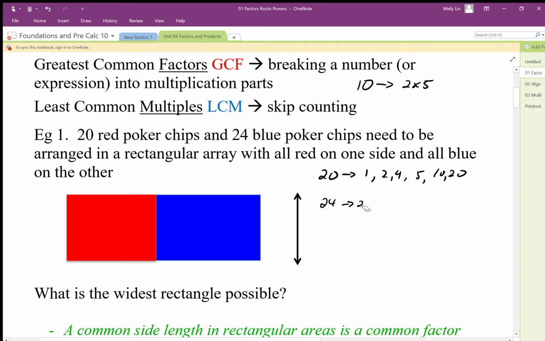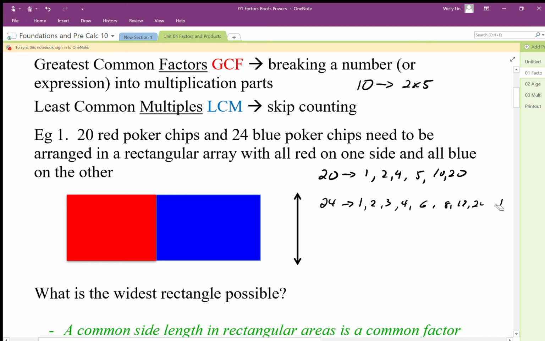This one's a little bit harder because there are a lot more factors involved in 24. So 1 and 24, 2 and 12, 3 and 8, 4 and 6. These all represent the factors as well.